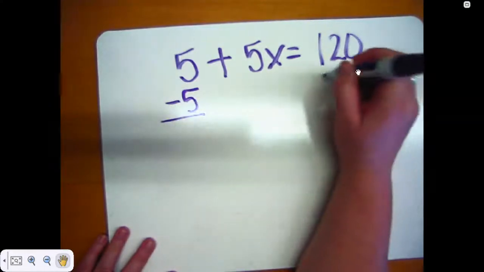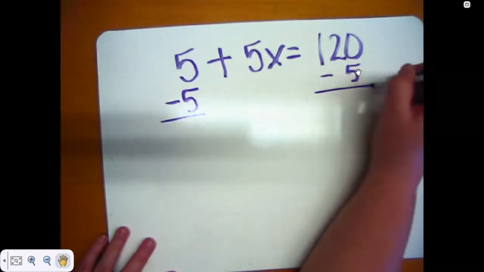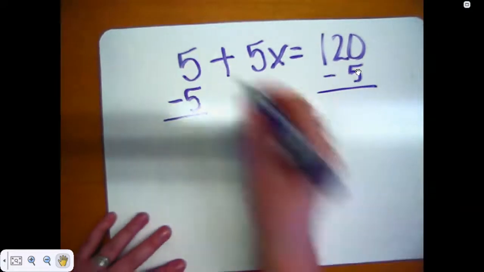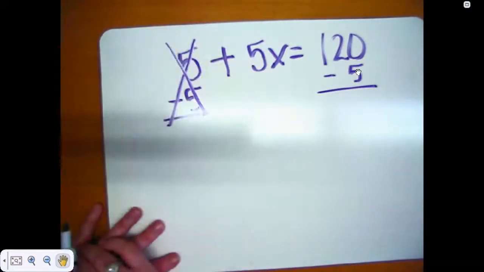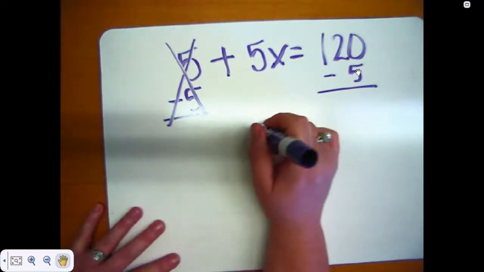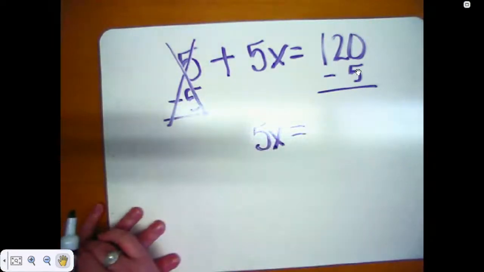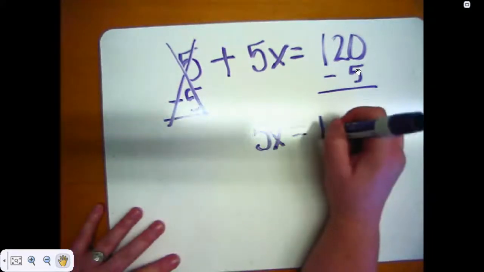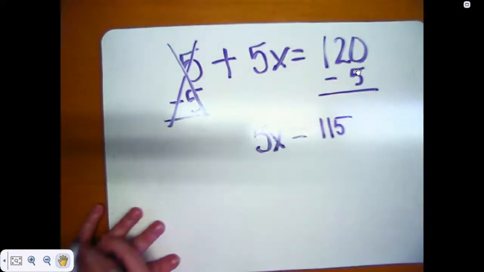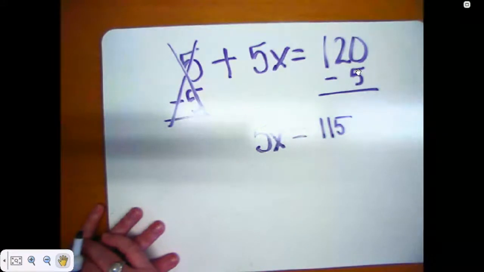And I would also do negative 5 on this side. This one goes away because positive 5 and negative 5 equals 0, so it just goes away. We bring down our 5x. And 120 minus 5 is 115. So now we would have 5x is equal to 115.